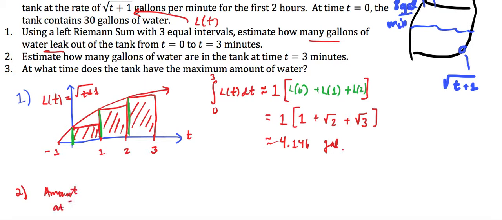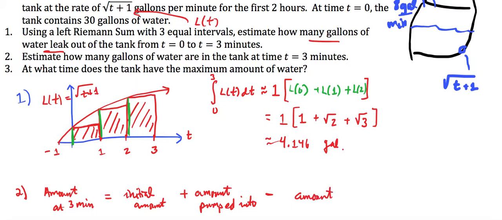The amount of water at 3 minutes is equal to the initial amount of water plus the amount pumped into the tank, how many gallons flowed into the tank, minus the amount that flowed out of the tank, the amount that leaked out.